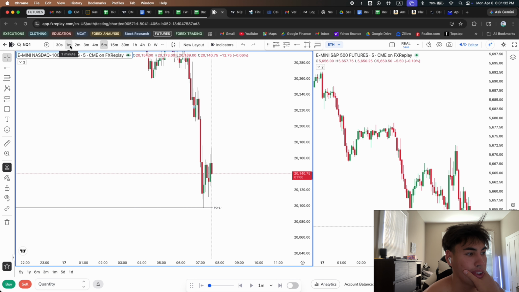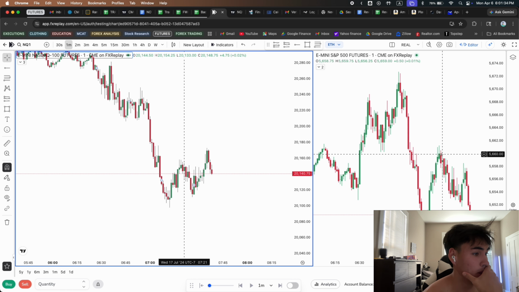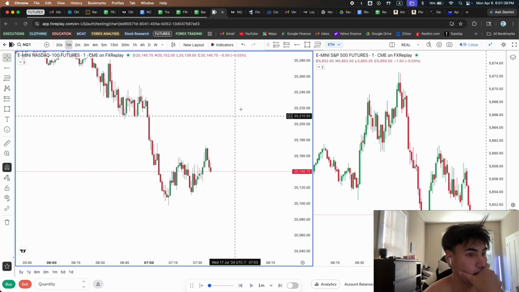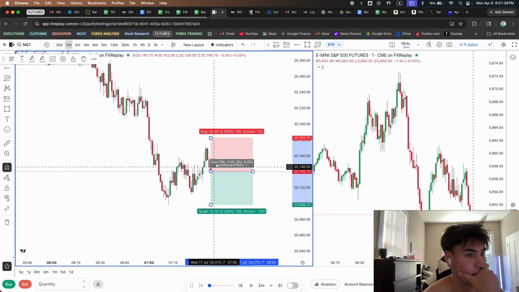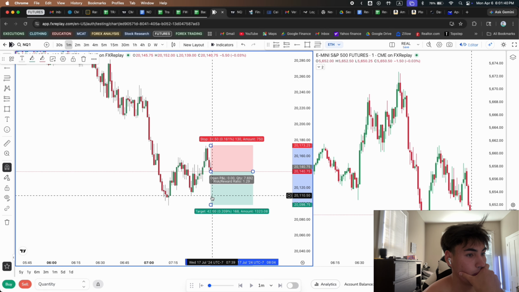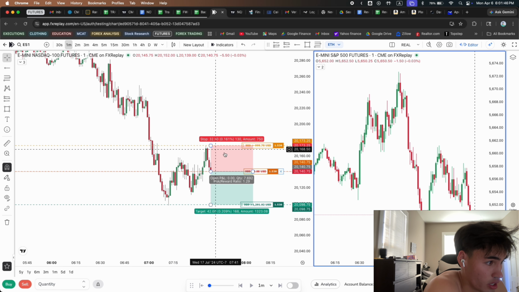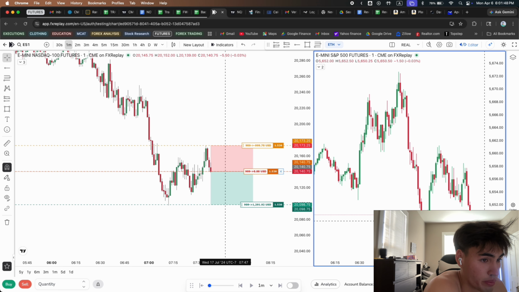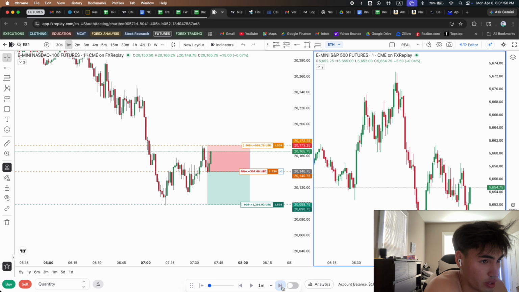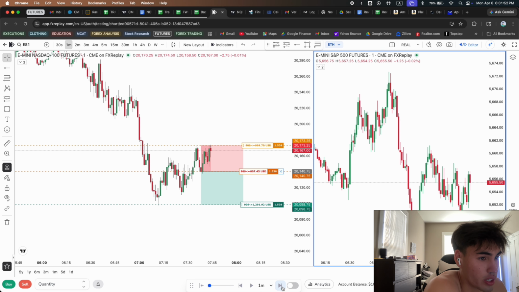I need one more candle. So actually, this is a nice SMT. This is actually looking nice. I'll take this. We've been running bear all day. SMT by ES, as you can see, and ES is just dumping. So yeah, I'm fine with that loss.